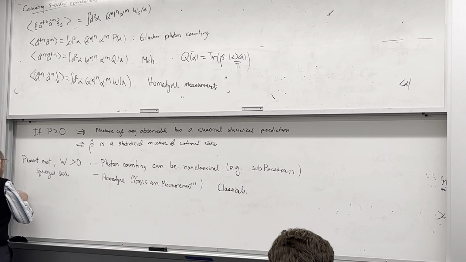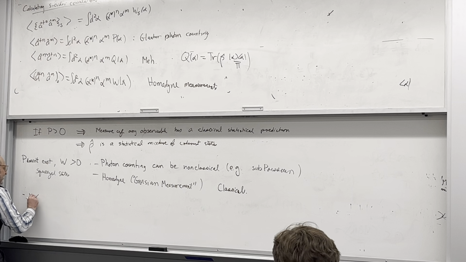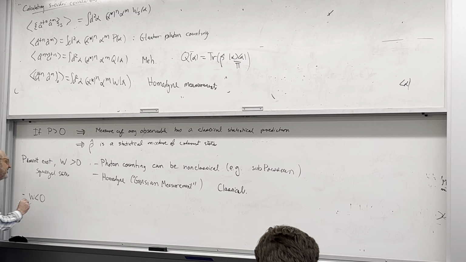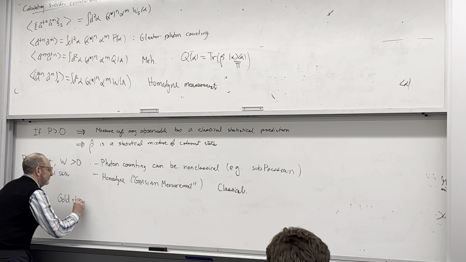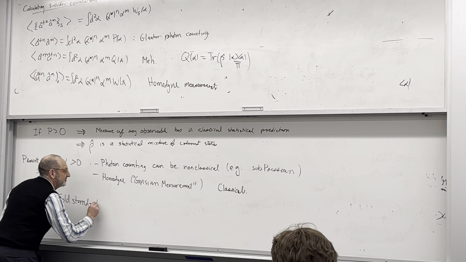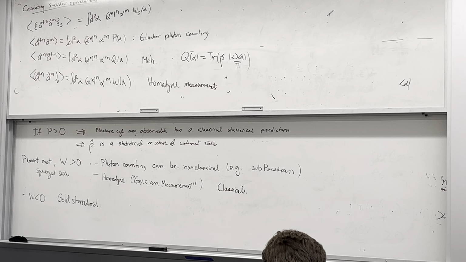If the Wigner function is negative, then this is the gold standard. Then there are lots of things where we can't have a classical description.